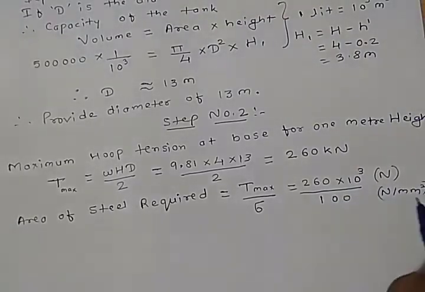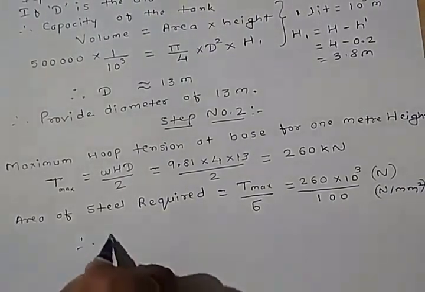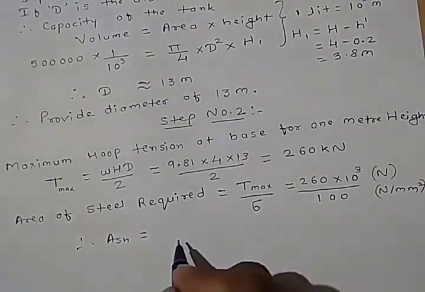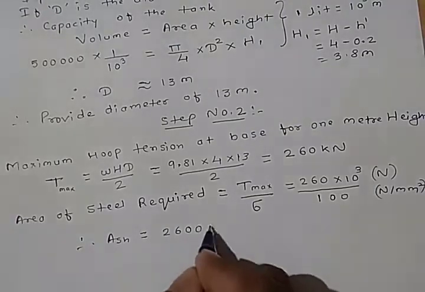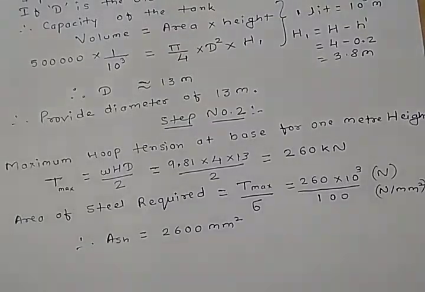Therefore finally you will get Ast, the area of the steel required, which is equal to 2600 mm square. 2600 mm square is the area of the steel required.